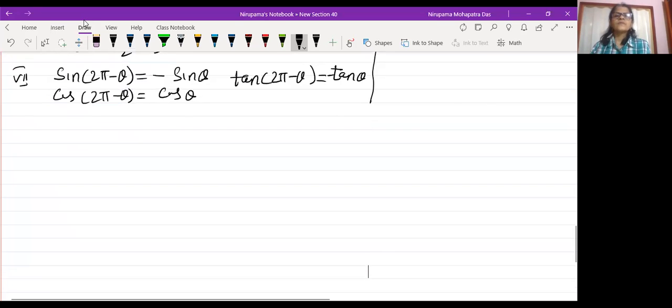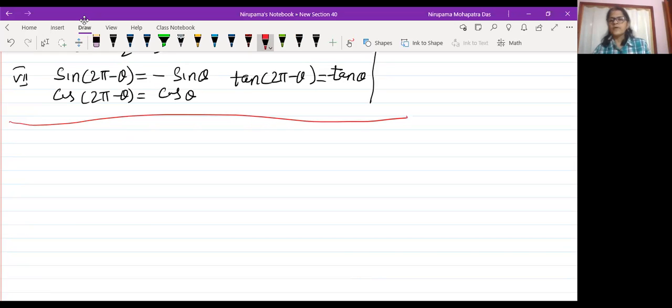This will be helpful for solving questions and applying these formulas. We have two patterns. One is multiples of pi plus or minus theta, that is n pi plus or minus theta.